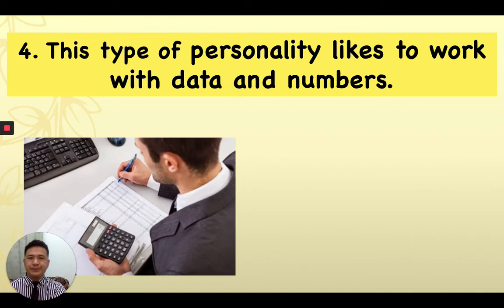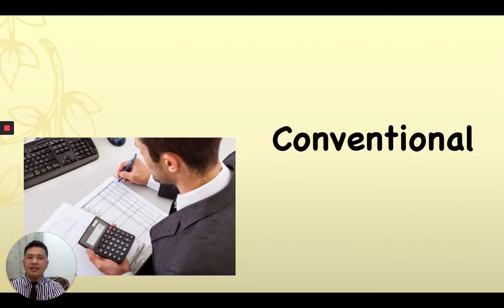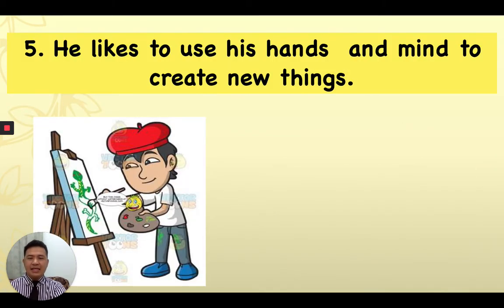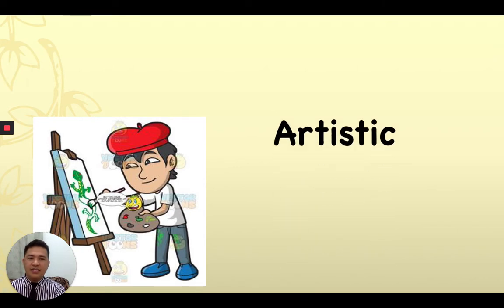Next one. This type of personality likes to work with data and numbers, meaning they are inclined into math and sciences. Very good. The answer is conventional. Lastly, he likes to use his hands and mind to create new things. So easy. Very good. It's artistic.